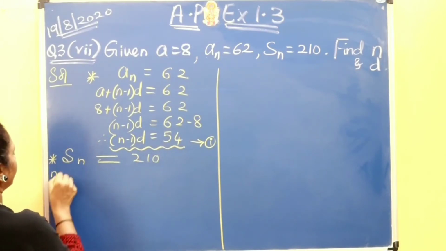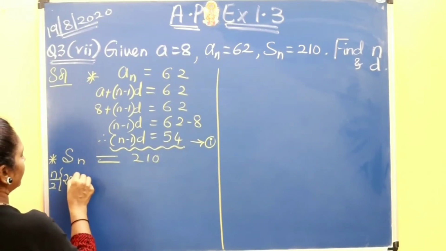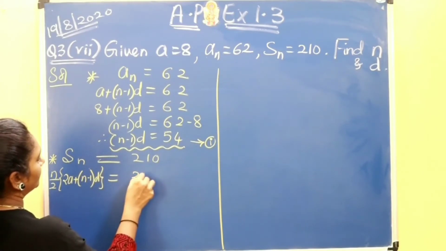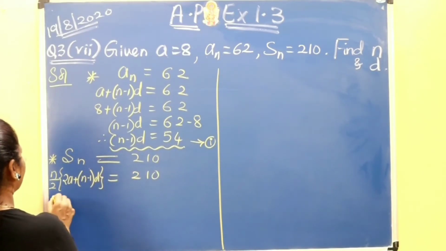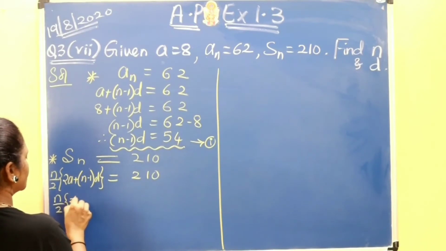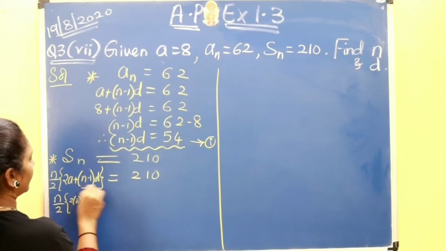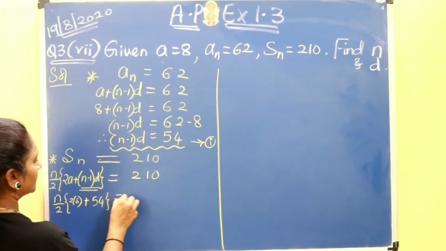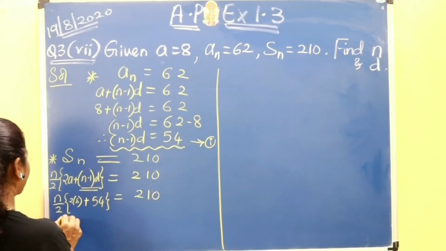So you can do n by 2 into 2a plus n minus 1 into d equal to 10. So n by 2, your a value is 8. 2 into 8 plus n minus 1 into d, you have got 54. Substitute that, you will get 10.